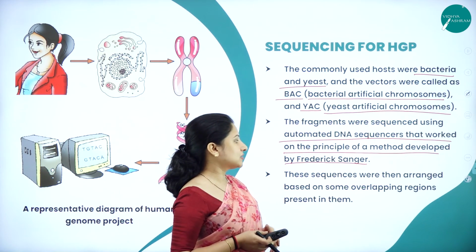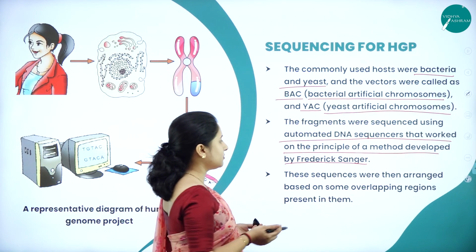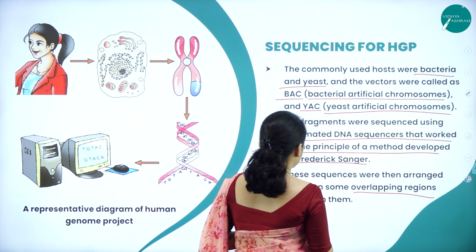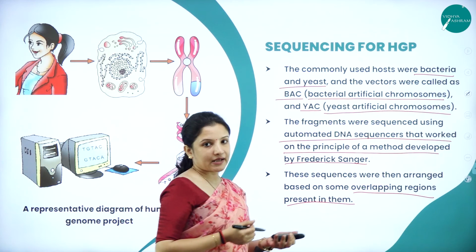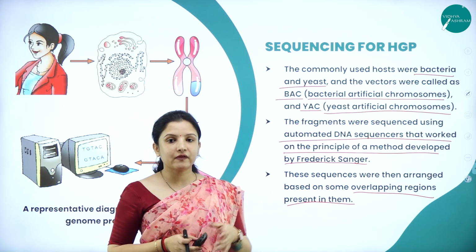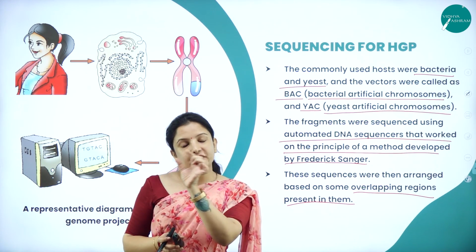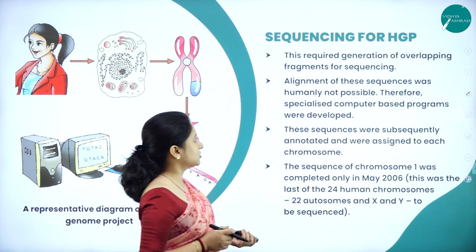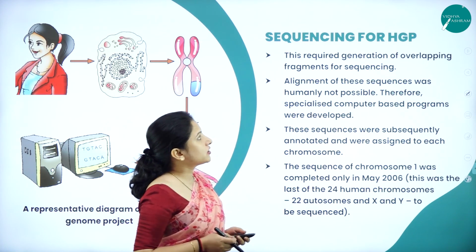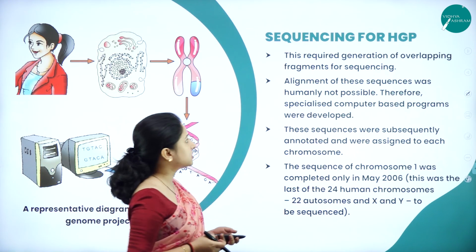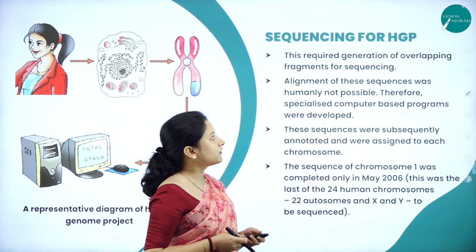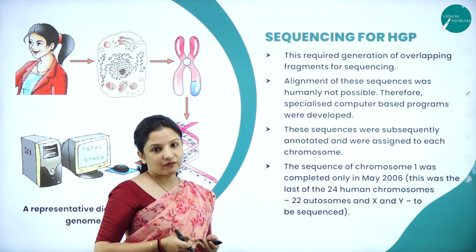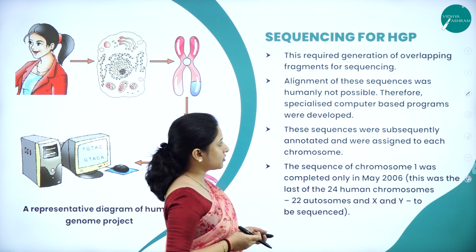So these sequences were then arranged based on some overlapping regions present in them. They have to be arranged, right? Why? Because small fragments are sequenced. At a stretch, the DNA was not sequenced. This required the generation of overlapping fragments for sequencing, and alignment of these sequences was very difficult. It was not that possible.